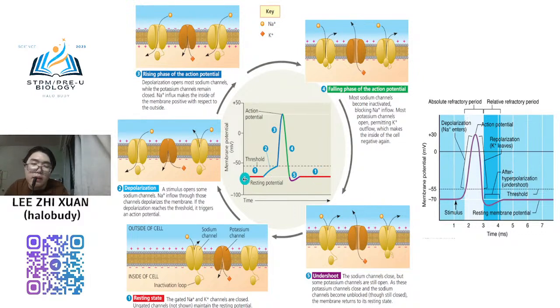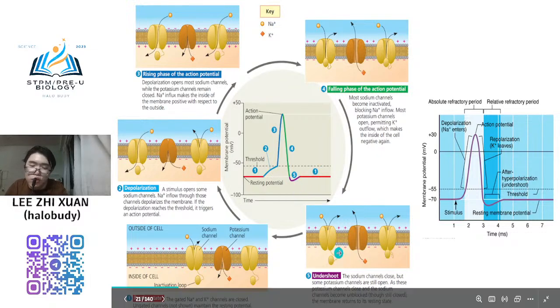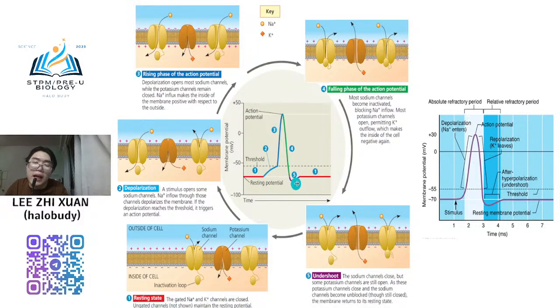Resting potential is maybe negative 70, but during the repolarization state, it will decrease to more negative than negative 70, maybe negative 80, negative 90 like that. This process we call undershoot, more negative compared to resting potential. Okay, after undershoot, it will go back to the resting potential again. So this is the overall process of the action potential.